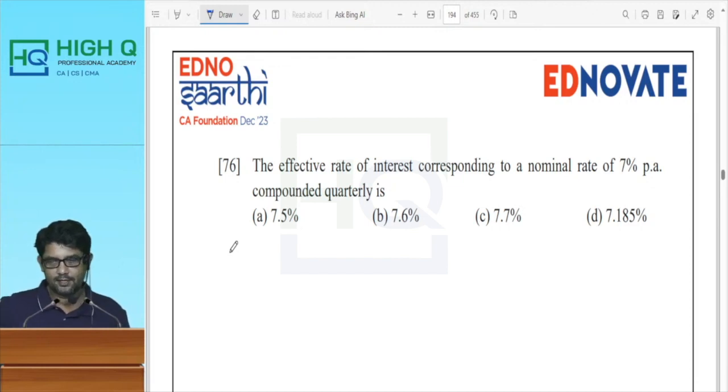Give me the answer fast. I think D people started giving. 7.185%. Got it?